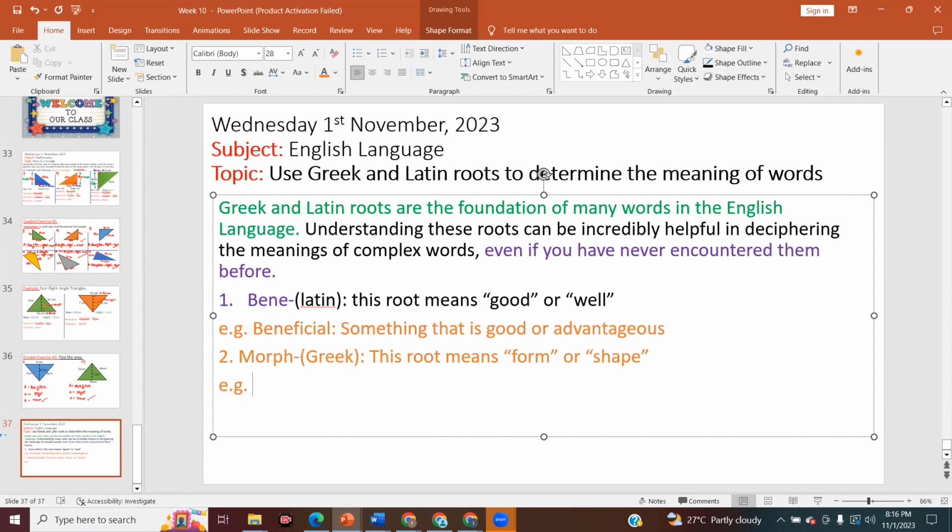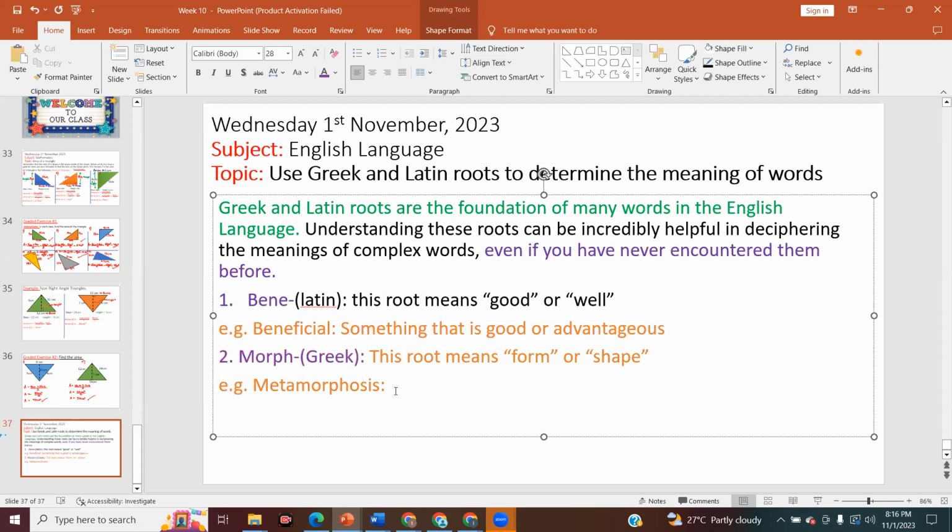Metamorphosis. Very good, metamorphosis. What is metamorphosis? I'm not sure, I just know about the word. What? You don't know what metamorphosis is? Wow, this is crazy. What animal undergoes metamorphosis?